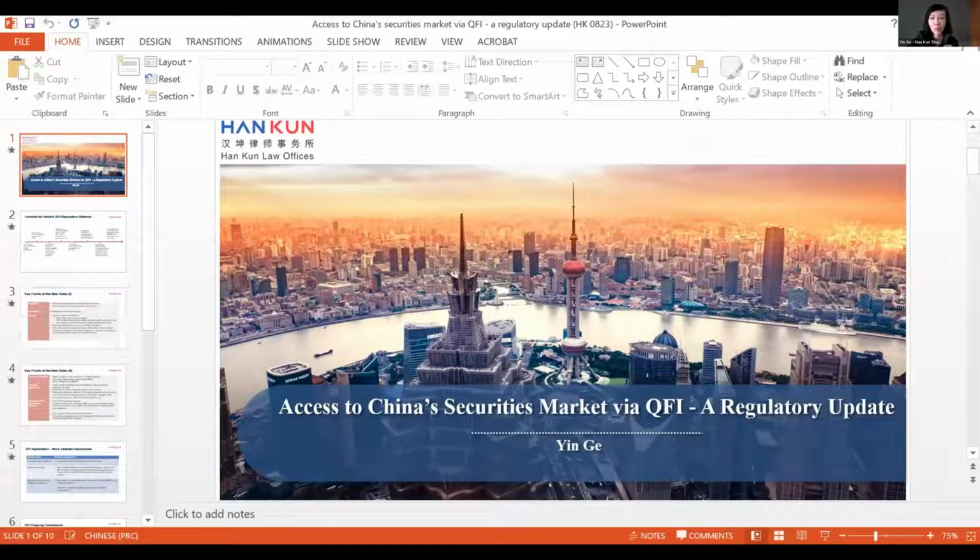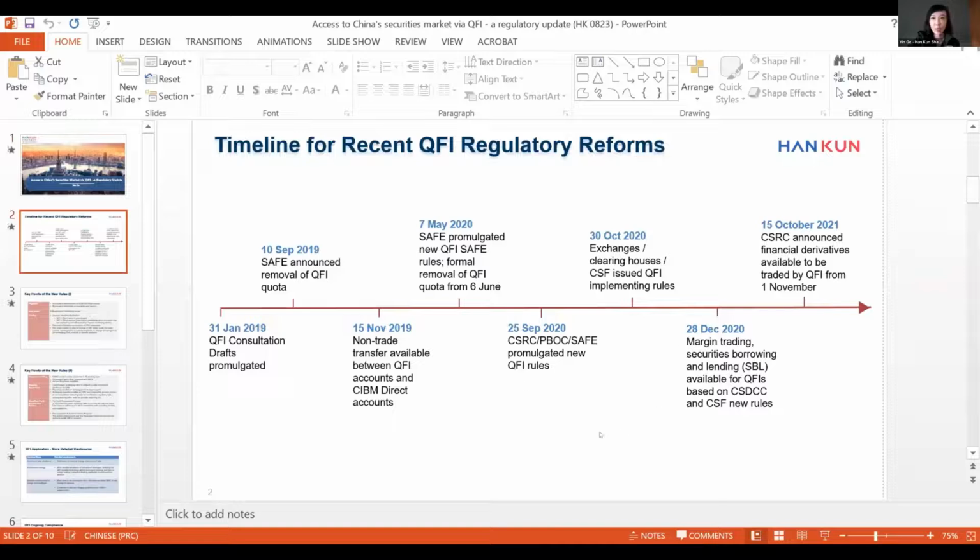So I think we will quickly skip the first slides. The first one is an overview of the recent QFI regulatory reforms. I think the DBS expert has also covered this, so we will just skip it.